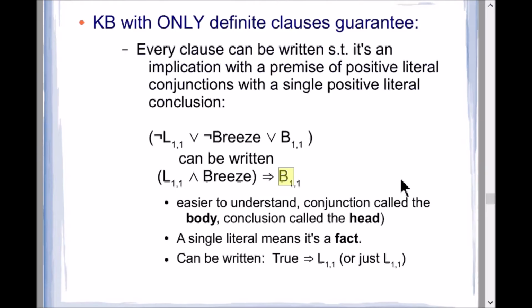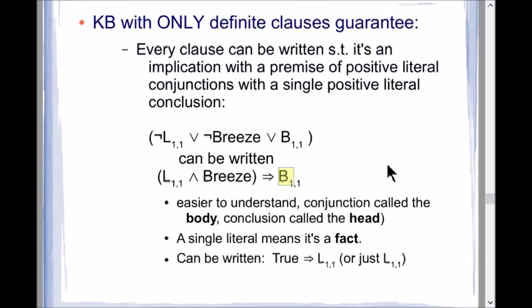Okay. So if you have a sentence, another little factoid here, that has just a single positive literal in it, so A, or B, or C, or alpha, or beta. Just any one of those on its own. You have just a sentence, and the sentence contains a single positive literal, A. Then that's called a fact.